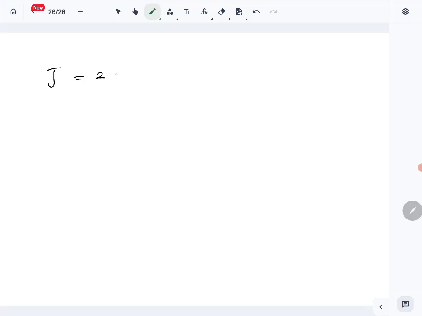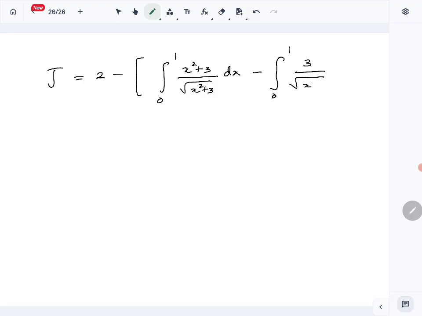So j is equal to 2, that's the minus sign. Then the first integral is 0 to 1 of x squared plus 3 over square root of x squared plus 3 dx. And the second integral is 0 to 1 of 3 over square root of x squared plus 3 dx.